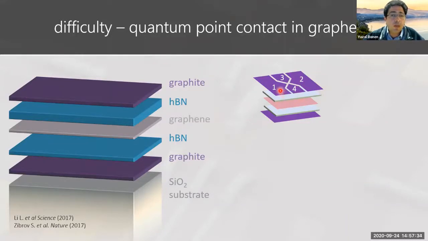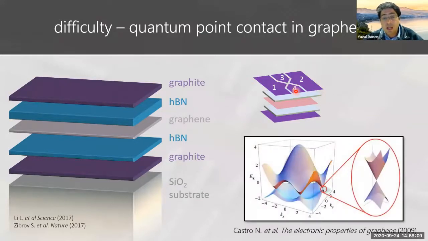So for example, to create a quantum point contact, you want to have a lot of electrons under 1 and 2, and you want to deplete all the electrons around 3 and 4. And then you basically have a point contact between these 2 reservoirs of electrons. Now in a semiconductor, you put the Fermi level in 3 and 4 in the gap of the semiconductor.